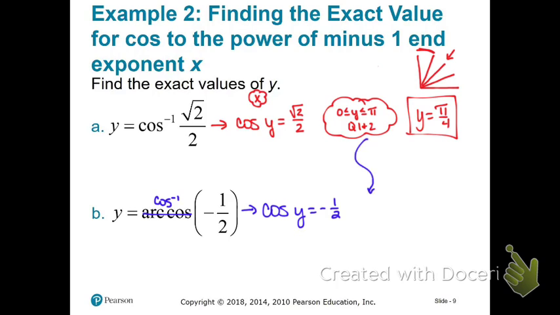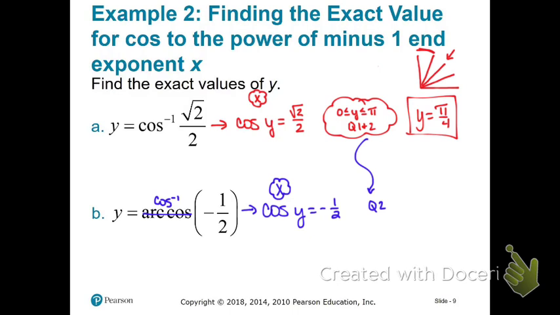Remember, I'm thinking about my quadrant. Cosine, you told me earlier, was x, and x is negative. What quadrant are we in, 1 or 2? Quadrant 2, which means when I use my hand, that's going to give me the reference angle. Since we know we're in quadrant 2, that's the negative, so don't worry about it.